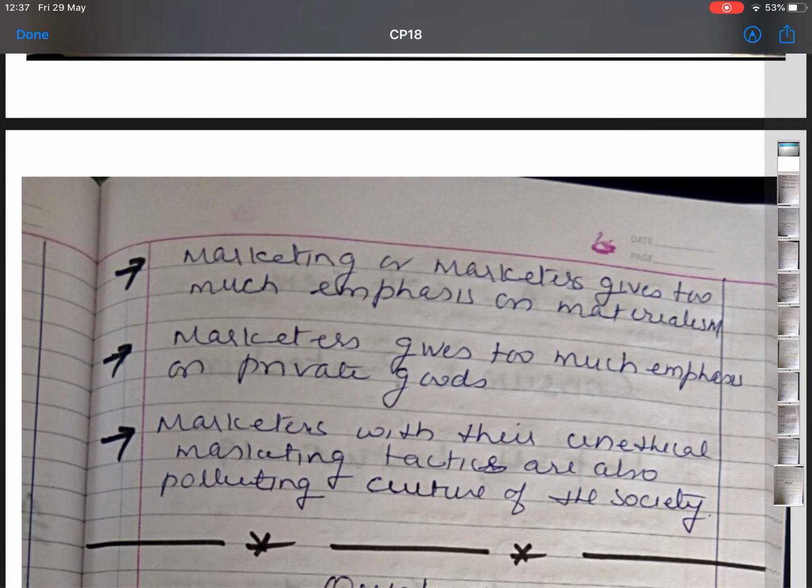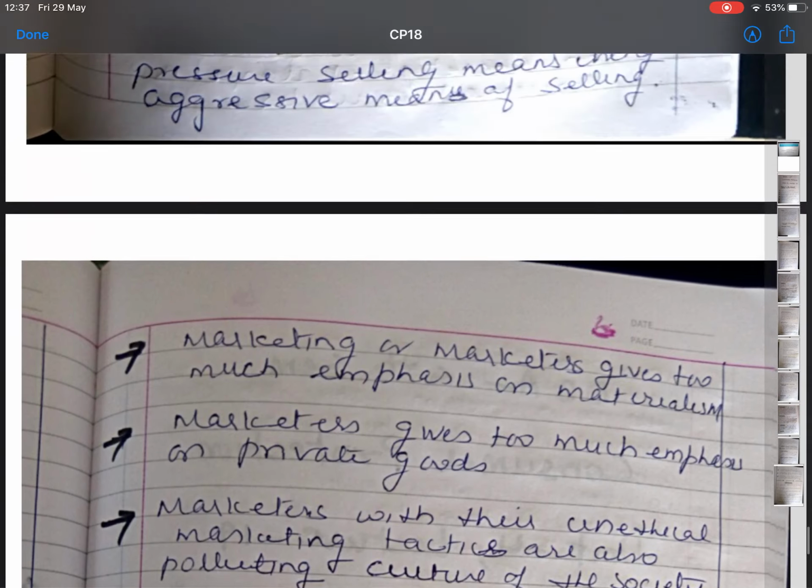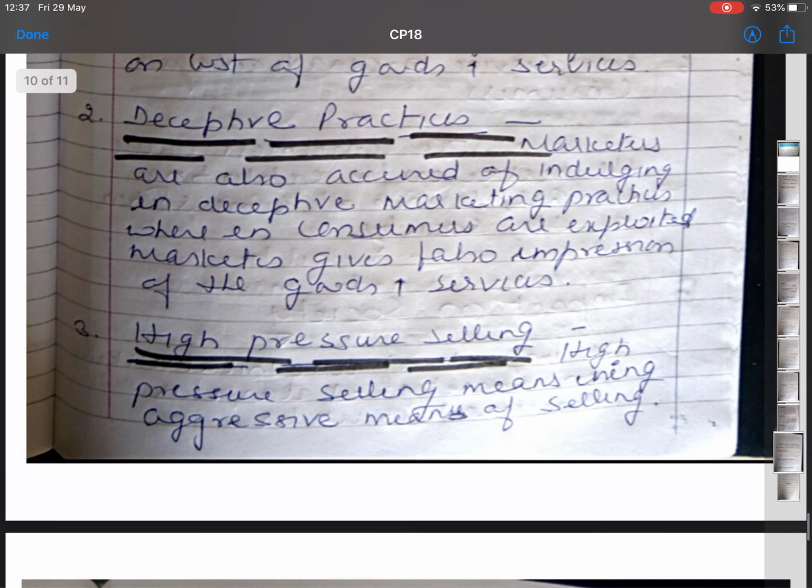Then marketers give poor service to disadvantaged consumers. They do give poor service to the people. They don't give after sale services, guarantees or warranties as they promised at the time of sale, or as they promised in the advertisement. So they give poor service to the consumer, which proves to be a disadvantage to the consumer. This is unethical on the part of marketers.